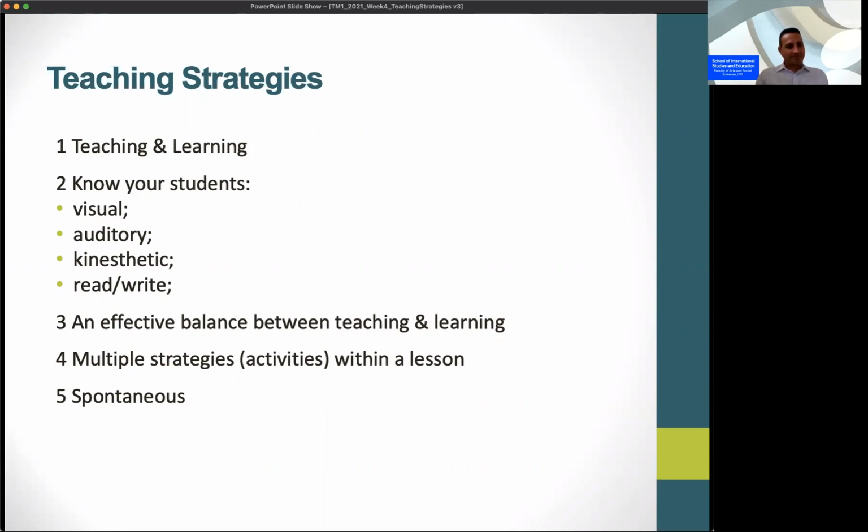And then I'd like to talk finally a little bit about multiple strategies or activities, if you like, within a lesson and the importance of that. You might go into a lesson where you're only going to do one thing. For example, an experiment, which will take 60 minutes to complete.